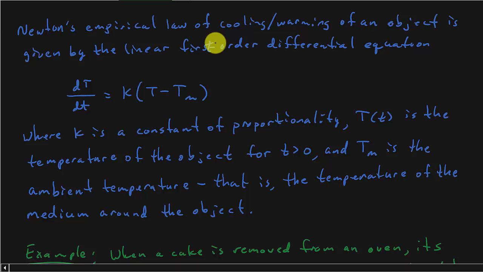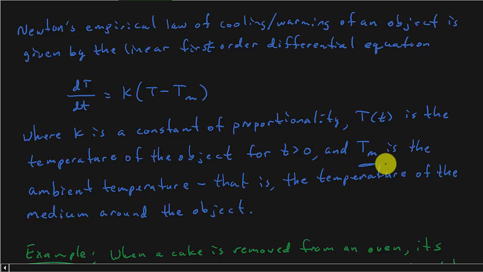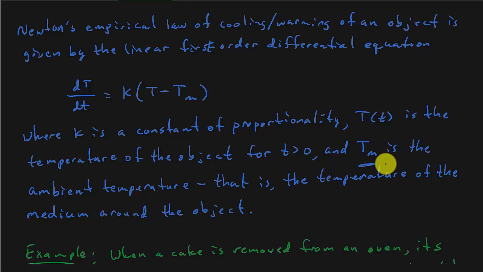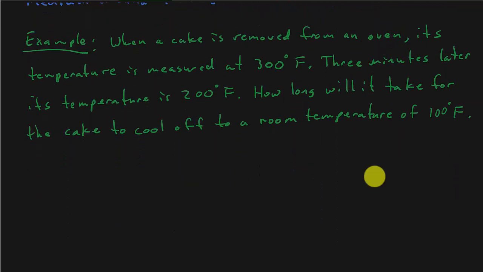T of t is the temperature of the object for little t greater than 0, and T sub m is the ambient temperature, that is, the temperature of the medium around the object. All right, so let's use that to work this next problem.